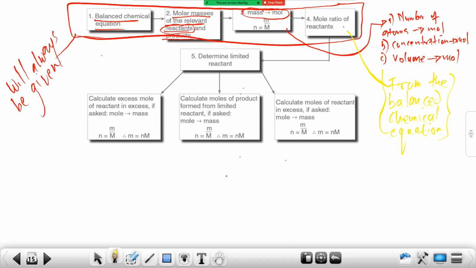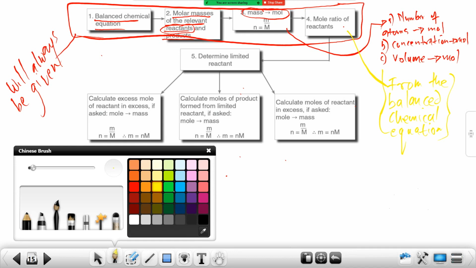I've showed you the possibilities of now answering questions regardless of what you need to do. But what is a limiting factor? What is it that is going to give me the information or be able to answer the questions? It's the simplest thing. It is this thing that they call the limiting reactant.